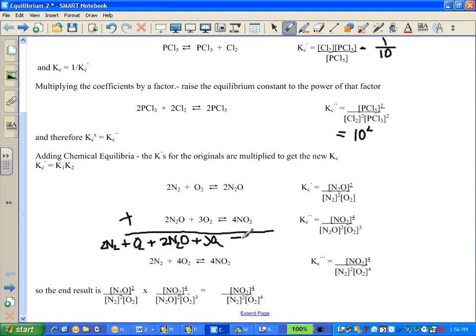And this is in equilibrium with 2N2O plus 4NO2.